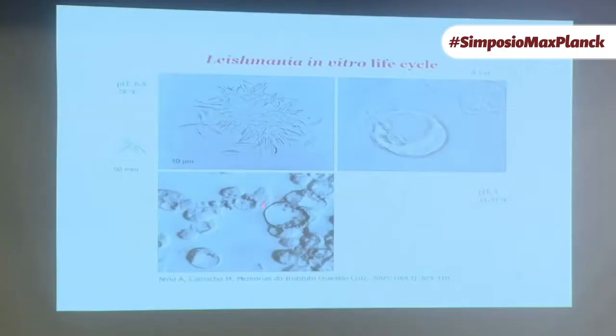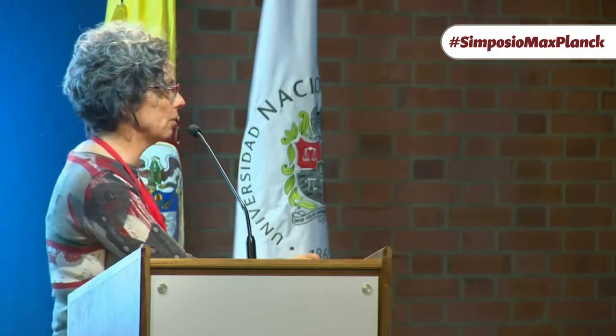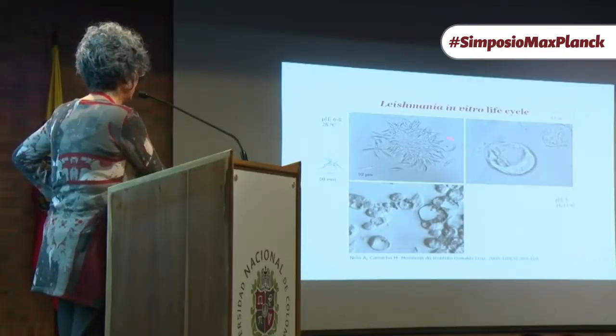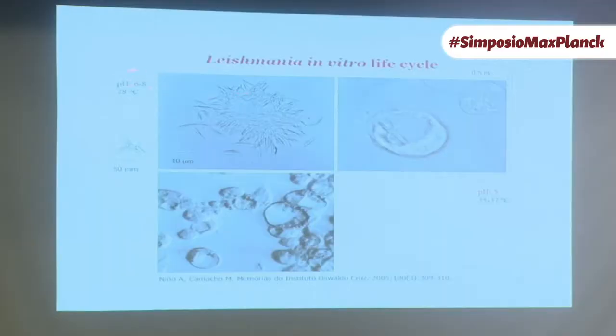If you go with me, this is a macrophage around 72 hours post-infection, and the parasite changes in size, changes in morphology, and also in the conditions where it normally lives. As this free form is normally found in the insect, it encounters a pH of about 6 to 8, and this range of temperature.